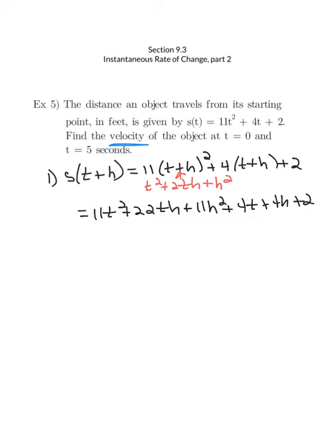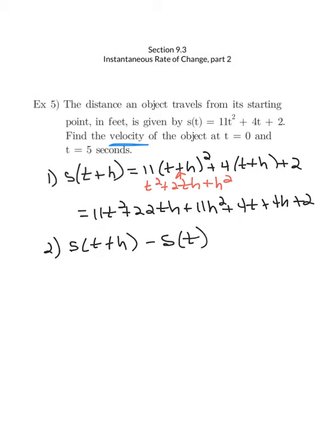So we got a really long answer for step 1. And if you look at all of those items, none of them are like terms, so they have to stay as is. Moving on to step 2, we have to take s of t plus h minus the original function.